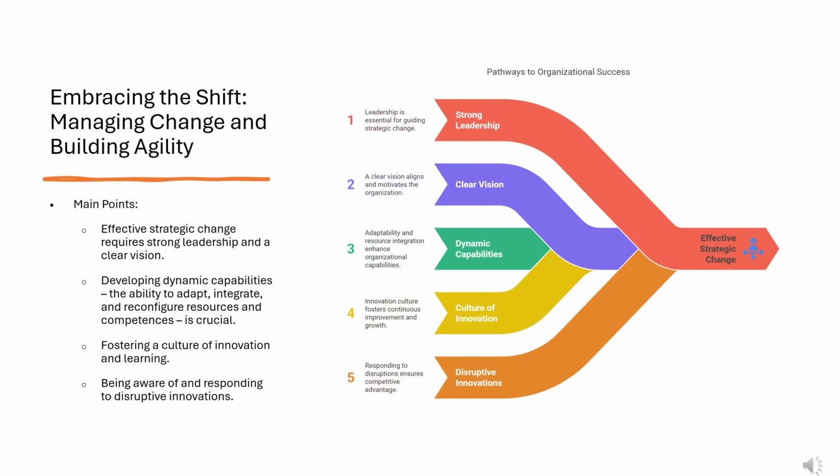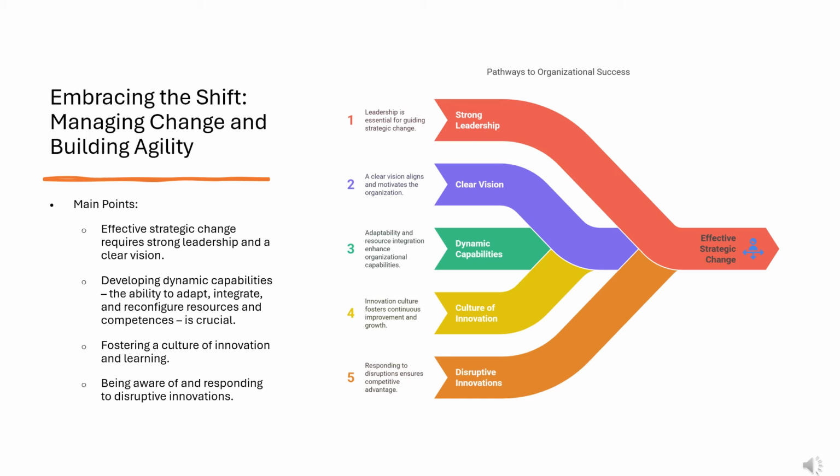This concluding slide focuses on how organizations can effectively manage strategic change in response to industrial evolution. It emphasizes the importance of strong leadership and a clear strategic vision to guide the change process.